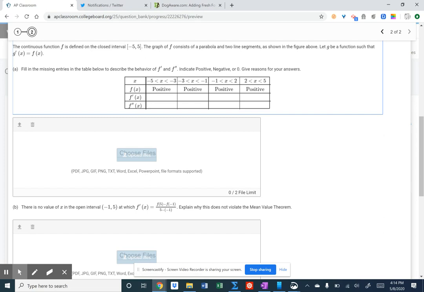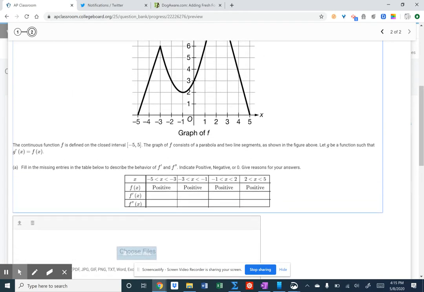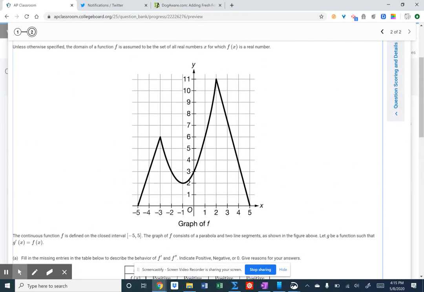The mean value theorem, if the conditions are true, would say that there has to be some number such that the slope at some point is equal to the average rate of change on the whole interval. But you have to meet the conditions of the mean value theorem, and there are two.